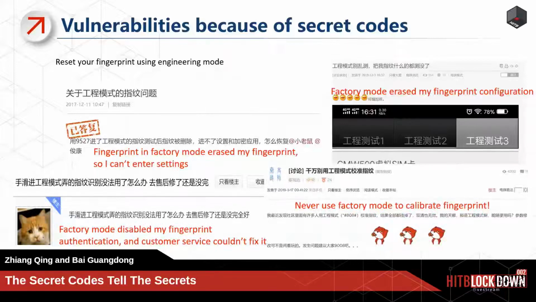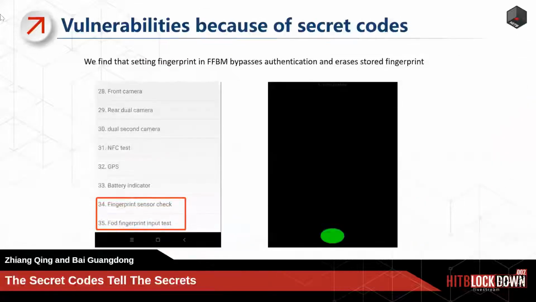But if you do such a test in the engineering mode, the operation you do on the fingerprint may affect those fingerprints in the normal mode. Here are some complaints we found on forums posted by different users. They all complain about one thing: they did a fingerprint test in the engineering mode, and then found that normal fingerprint-based authentication is disabled or dysfunctional.